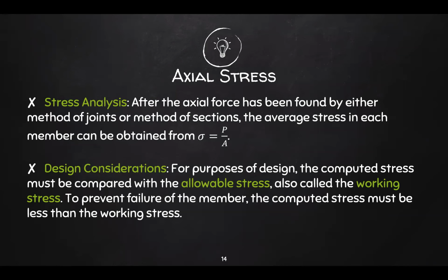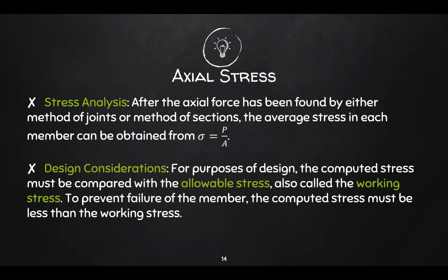So working stress is the strength of your material, how much it can hold. So you'll use that value mostly in your design subjects if you have some. Okay, so your RCD, reinforced concrete design, steel design, you'll use this allowable stress and working stress a lot.